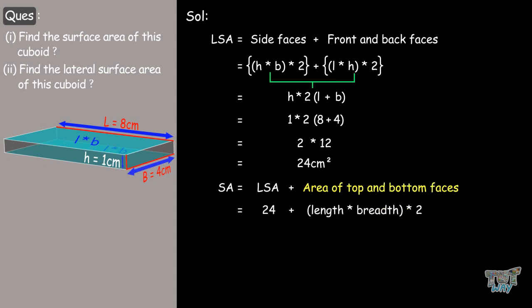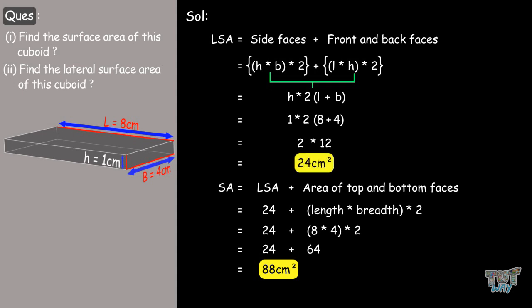Top and bottom are length multiplied by breadth times 2, because there are 2 for the top and bottom. In total, it will be 24 plus 32 times 2, which will be, in the end, 88 centimeters squared. So surface area of this cuboid is 88 centimeters squared, and lateral surface area is 24 centimeters squared.